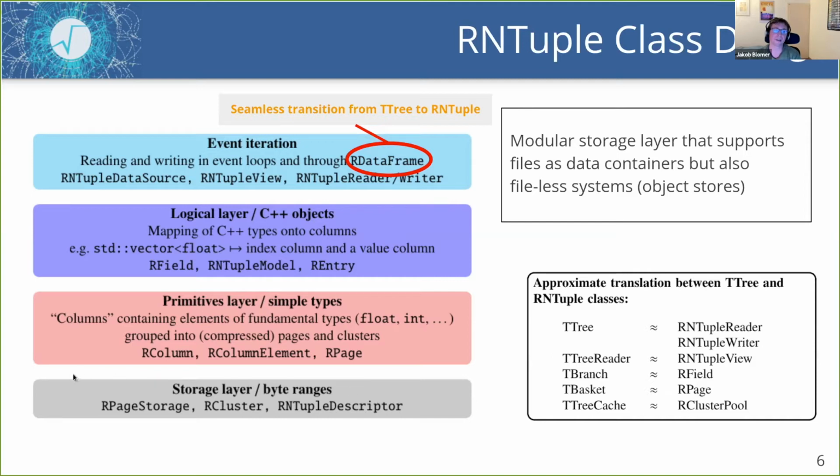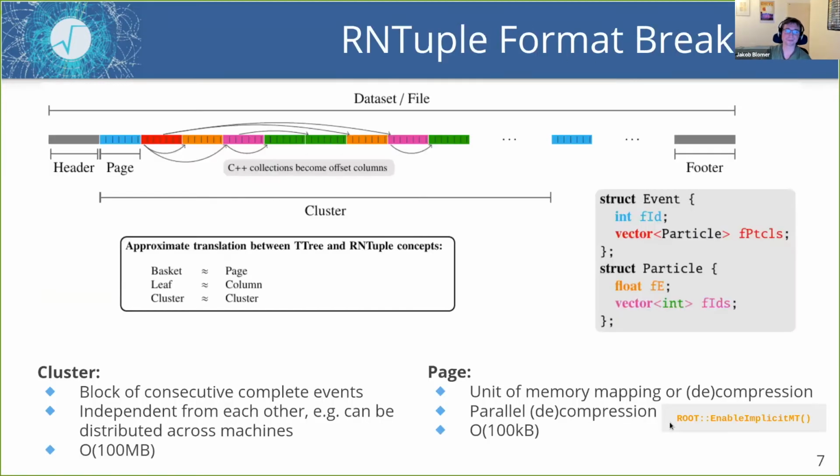So we could use a file to store the byte ranges of an RNTuple, for instance a ROOT file, but we can also use something else, for instance an object store. And I will show a little bit later what we have done in this respect. If you are familiar with TTree, here you see a rough translation of class names, just to help you navigate a bit.